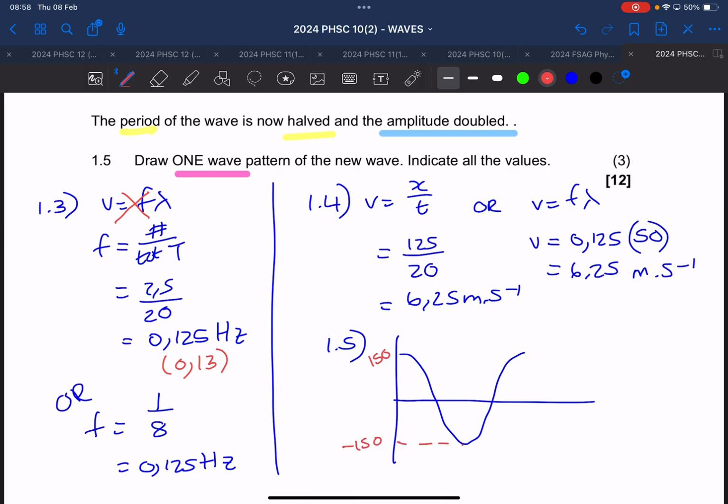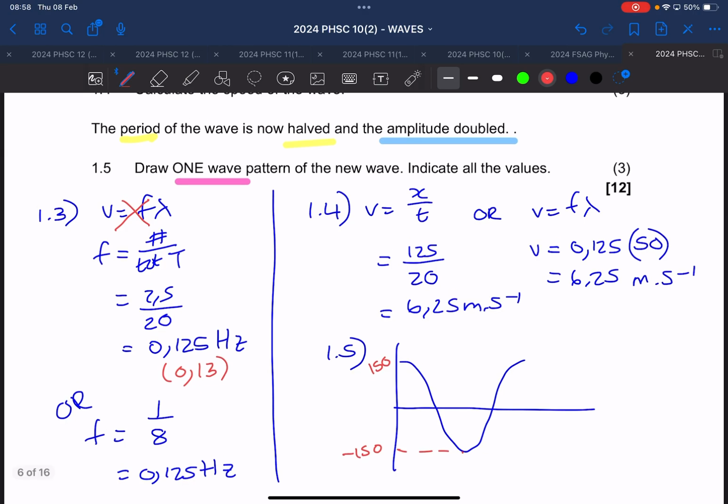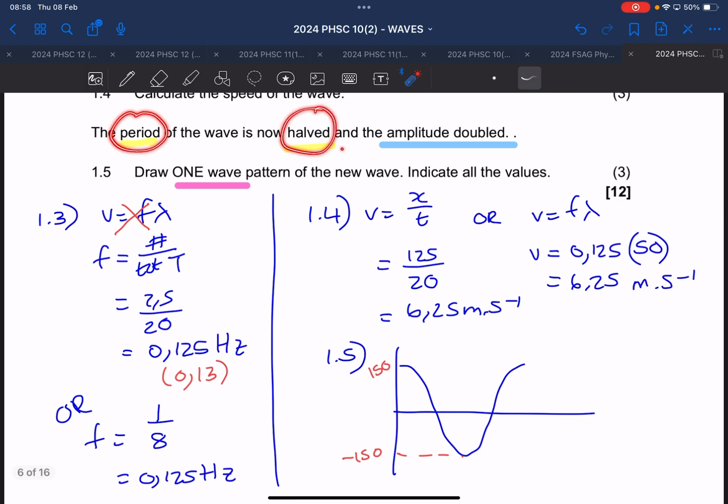And then the last mark is for the period is halved. Where am I with my question? The period is halved. What does that mean? What is a period?